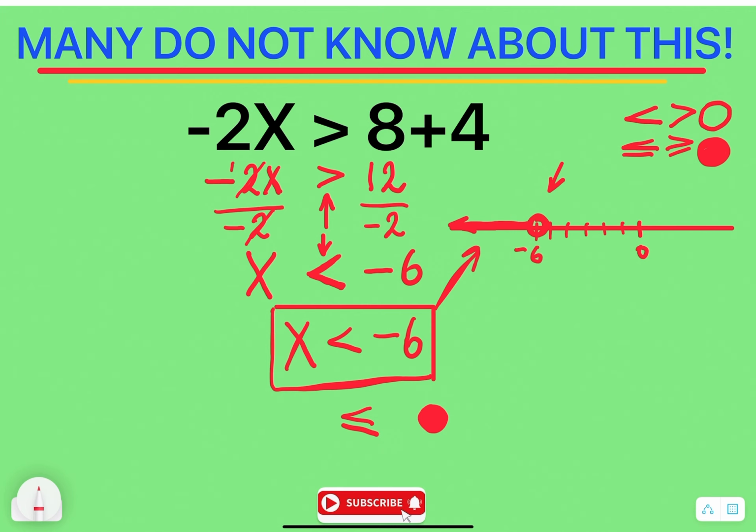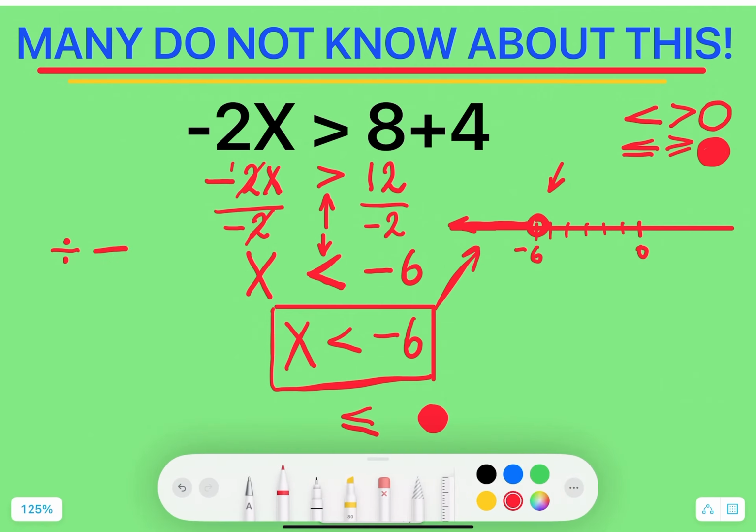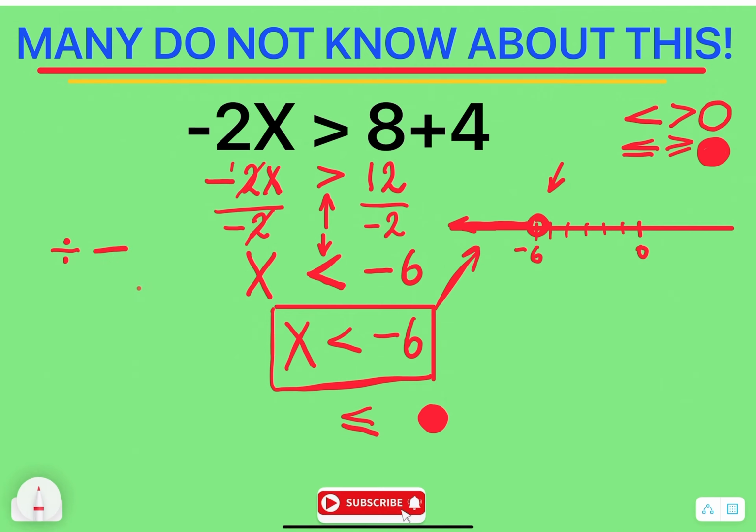So in this lesson you learned two important parts of solving inequalities. One is when you divide by a negative number, the inequality sign switches, changes. If it was smaller, it becomes bigger. If it was bigger, it becomes smaller. This is one part you learned today.